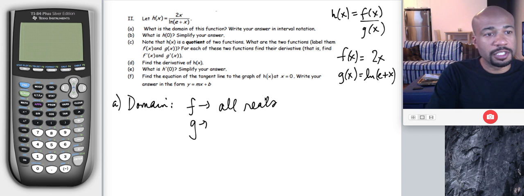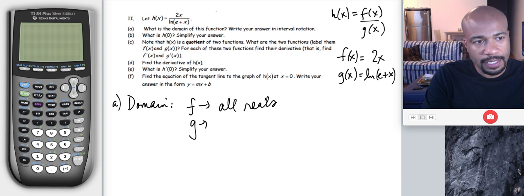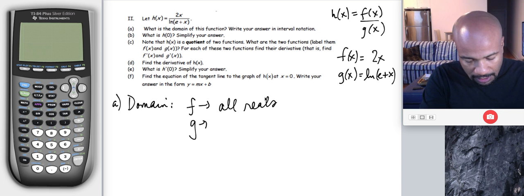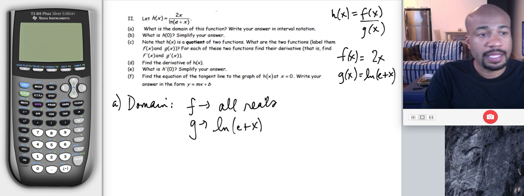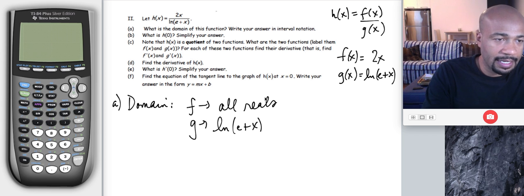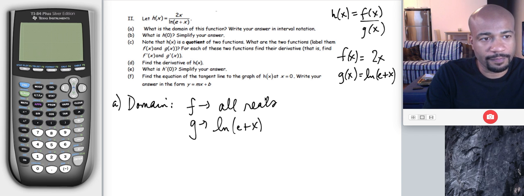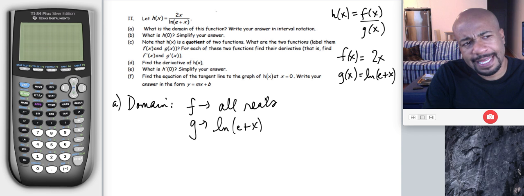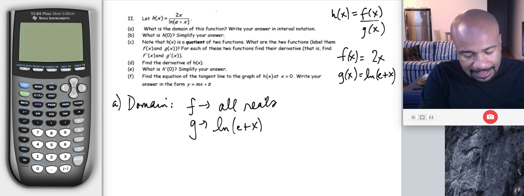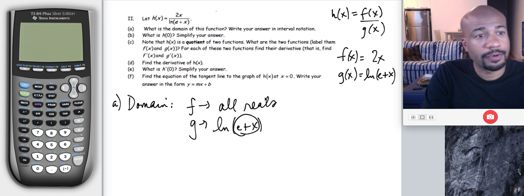The domain of g is a little bit different. Now, the domain of g is going to be based on what's inside the parentheses. So the natural log of e plus x, you can get any value for y as long as the x value is defined, right? But in order for that to happen, the inside has to be greater than 0.